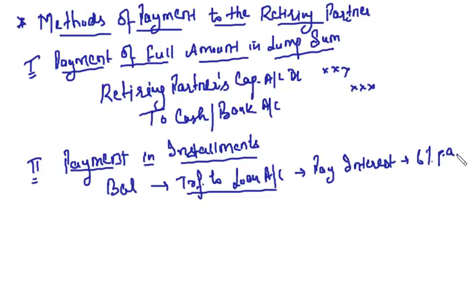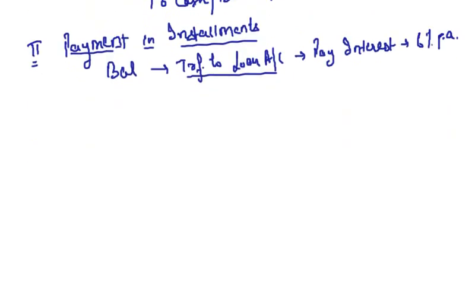6% per annum. So the second scenario is we are paying the amount of loan in installments and we are paying interest on that amount. Okay. Now, how to treat this? In this case, first of all, we prepare partners' capital accounts.